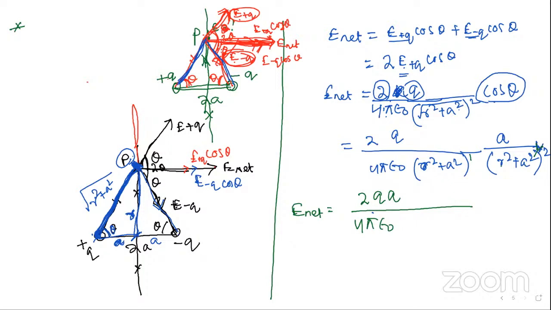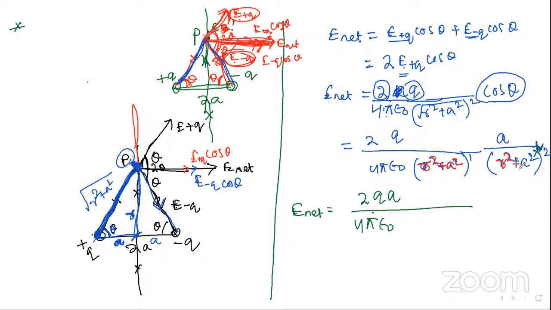If I combine this, what will I get? Can you tell? In the denominator, here is r square plus a square.